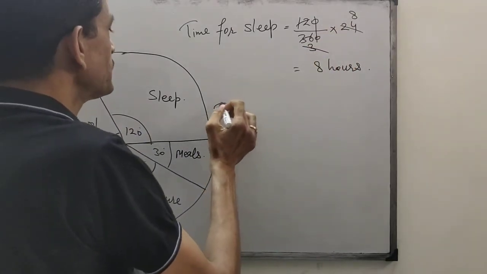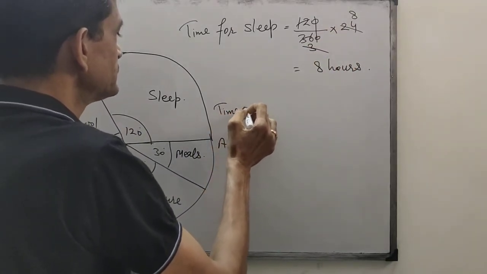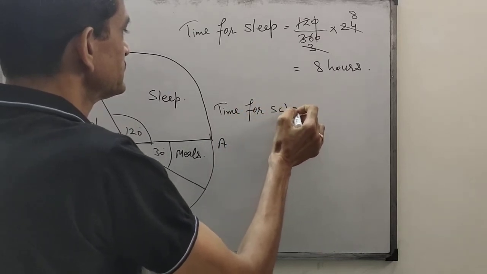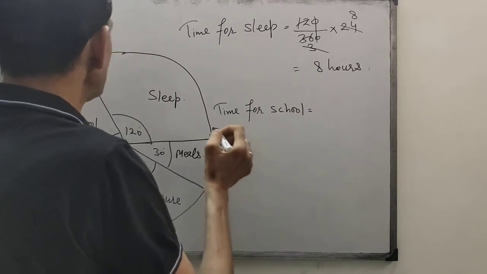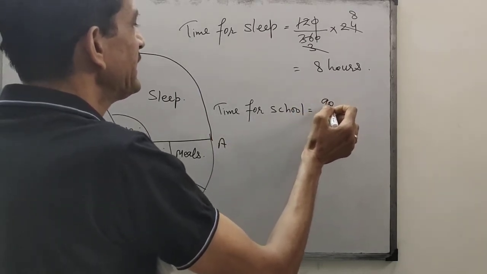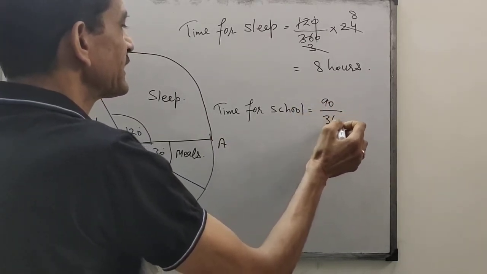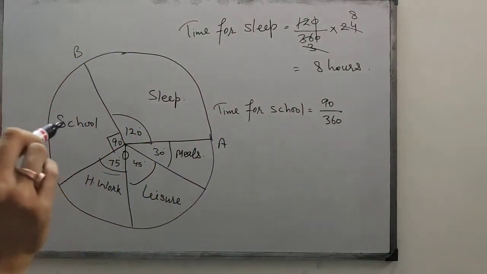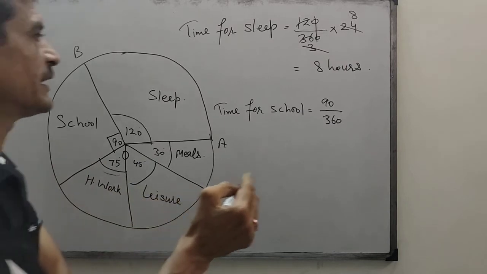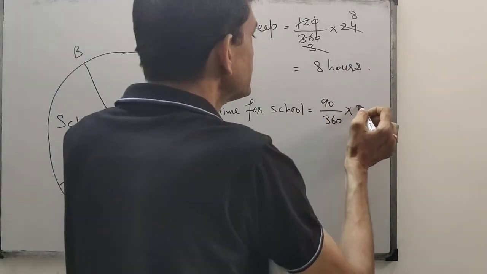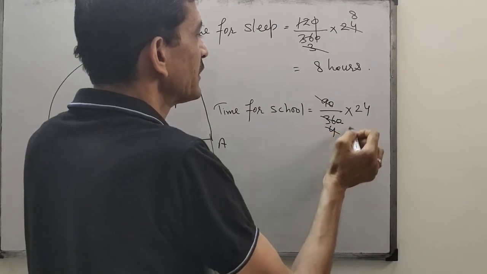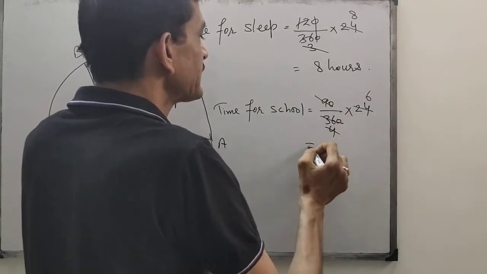Now time for school. What is the angle for school? 90 upon 360, 90 degrees out of 360, into 24 hours. This is 6 hours.